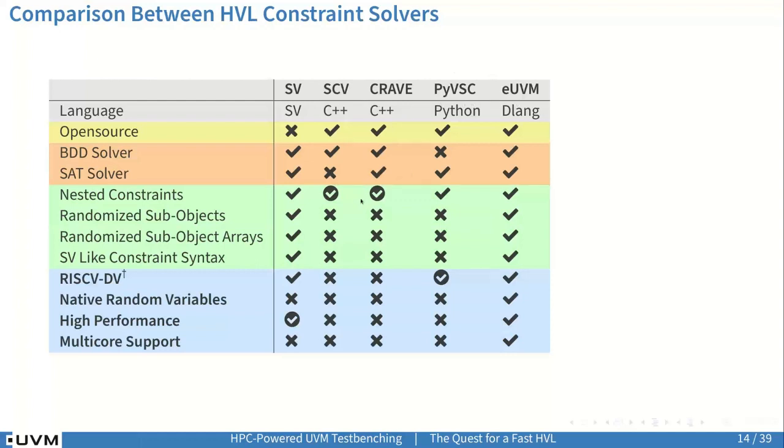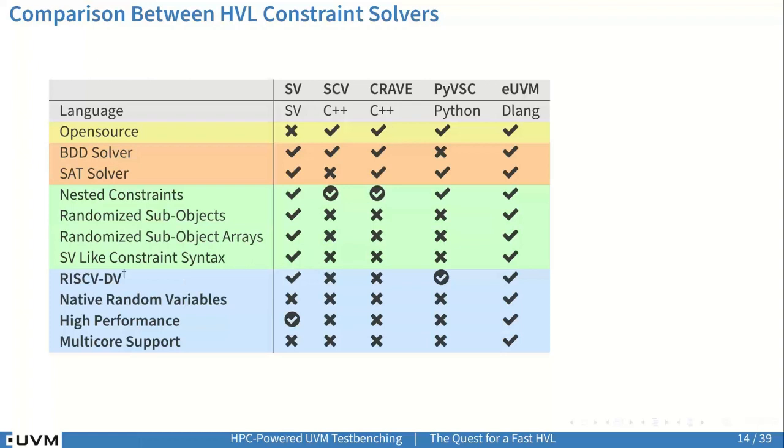So there is a comparison. The constraint solver we developed in DLang can solve any constraint that can be solved in SystemVerilog. We took RISC-V-DV as a reference project because it has very complex constraints, and we were able to solve all those constraints in Embedded UVM.